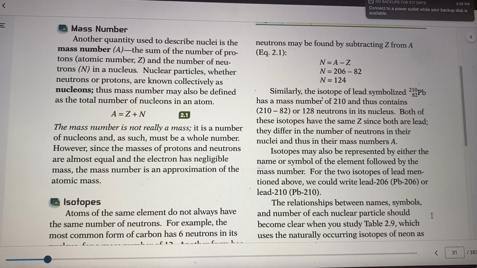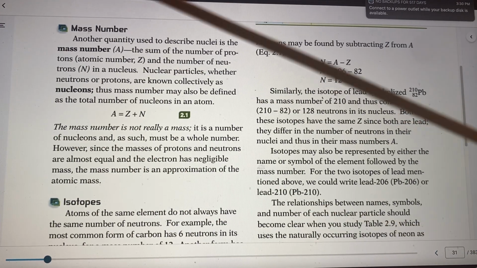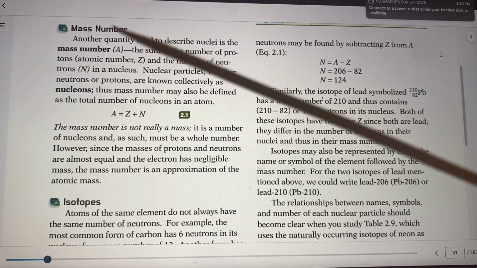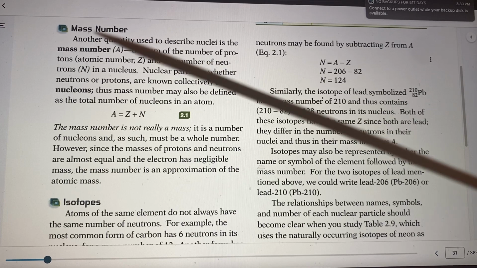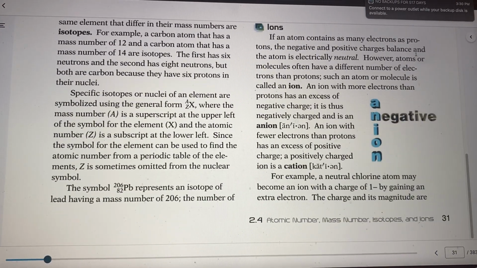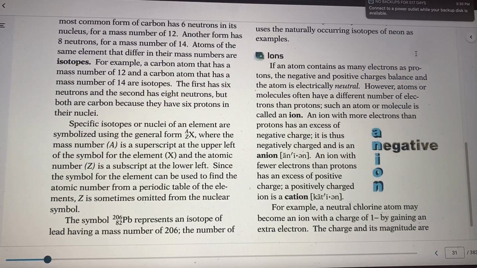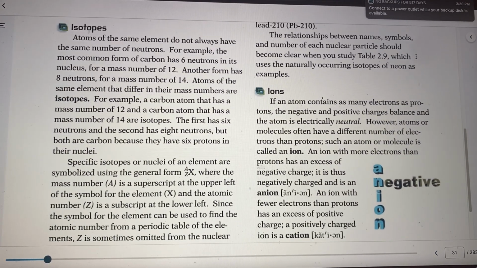So now we're going to go down to isotopes, okay? So we're going to talk about isotopes.